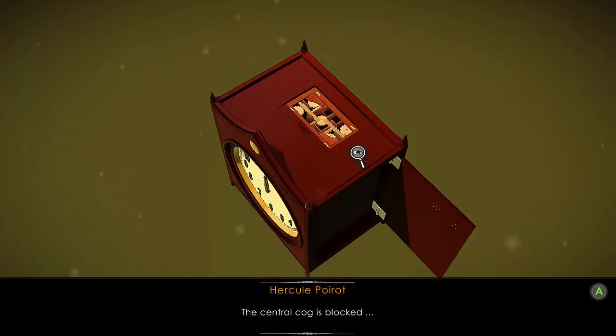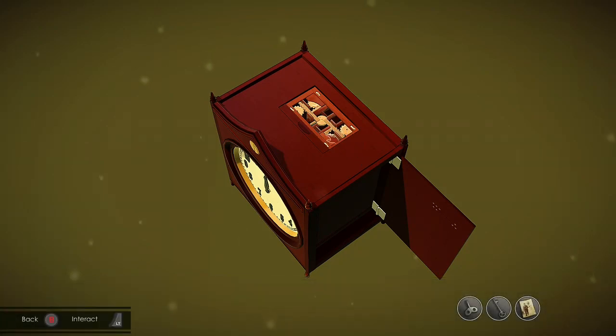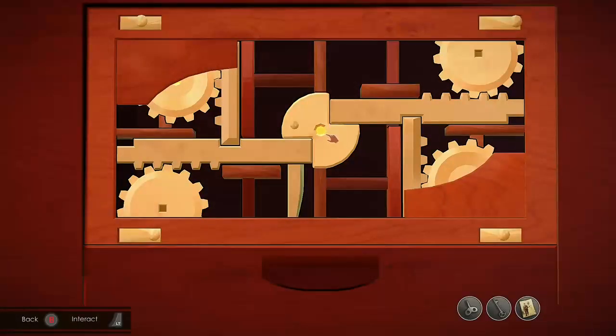The central cog is... You know, I could just stick my hand in, rip it all out. That works too.